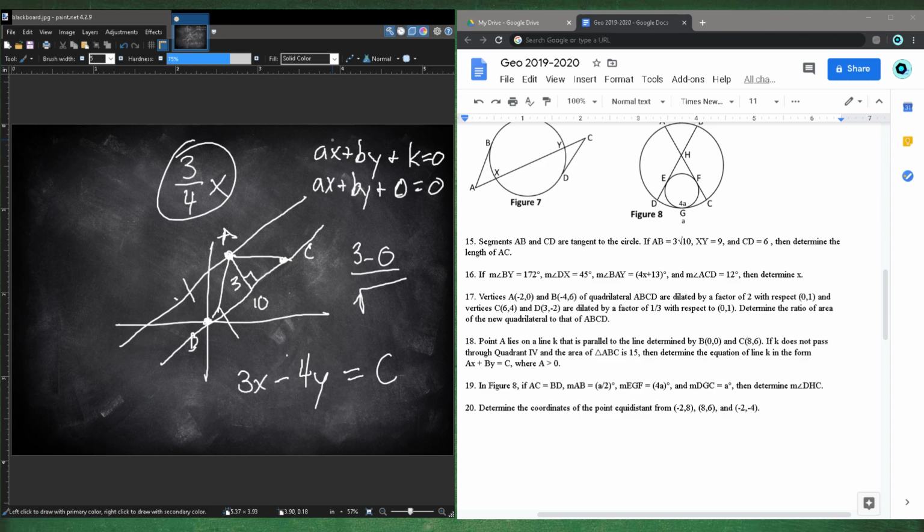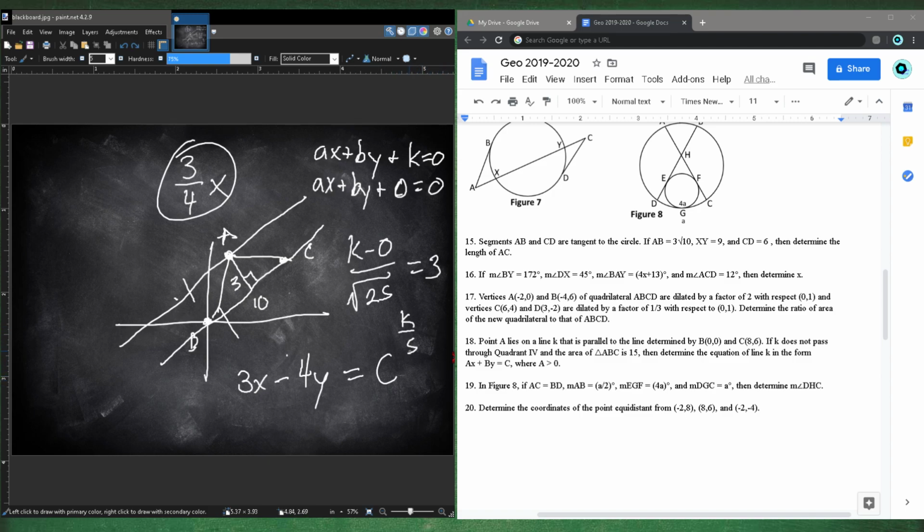Sorry, k is not the distance. It's got to be k minus 0, because that equals our distance, which is 3, over the square root of a squared plus b squared. So 3 squared plus 4 squared is 25, right? So that's k over 5, which is equal to 3, and then k is equal to 15.